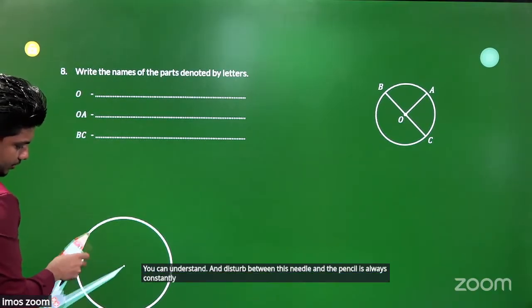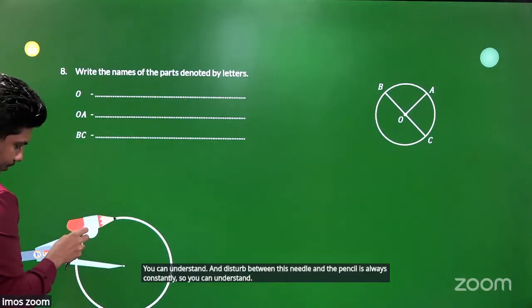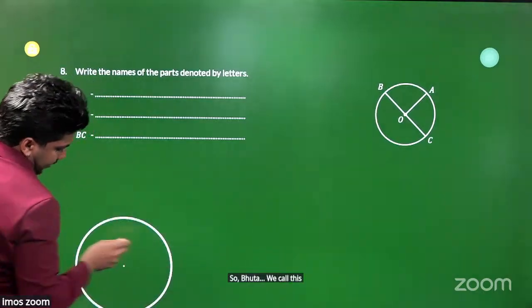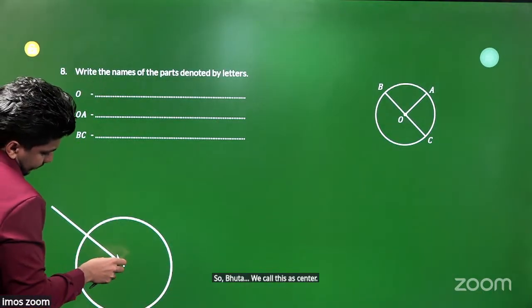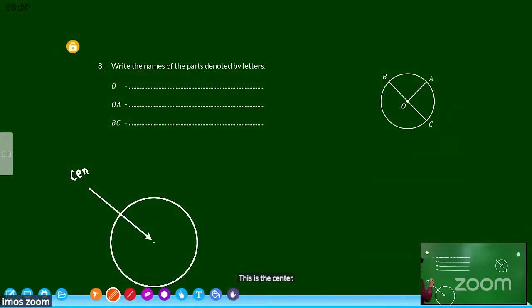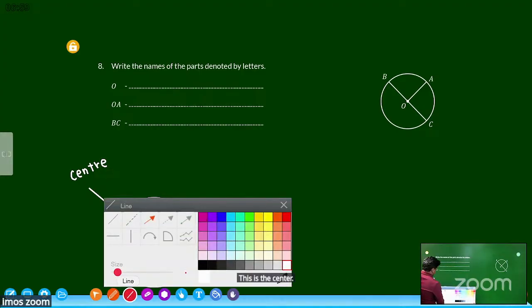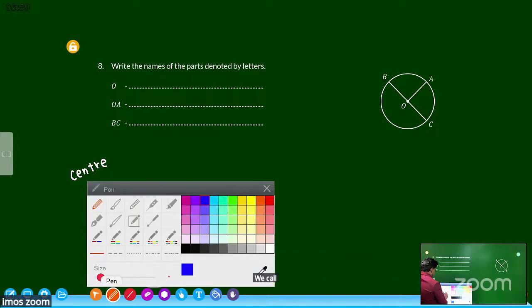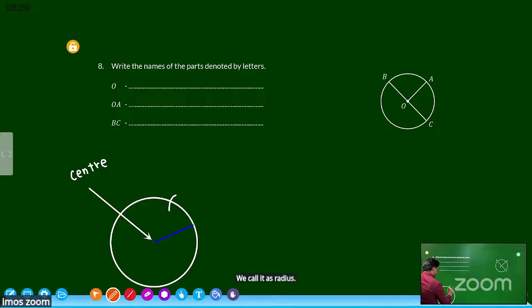So we call this the center. The distance from center to the circumference of the circle, we call it as radius.